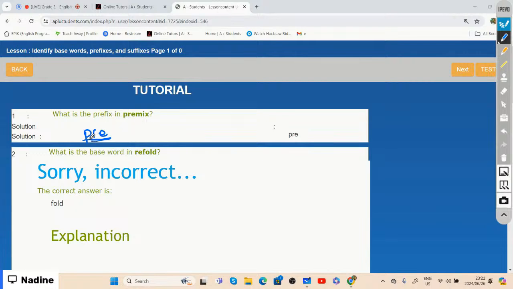And the base word, what is the base word in that word that can stand on its own? So our prefix is pre. Now, what is the base word? We need to identify the base word over there.